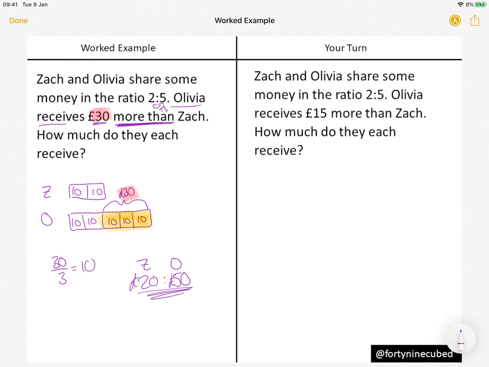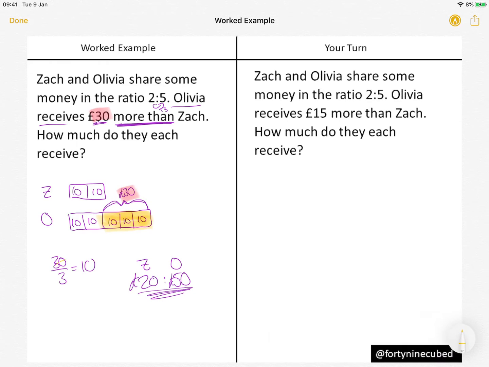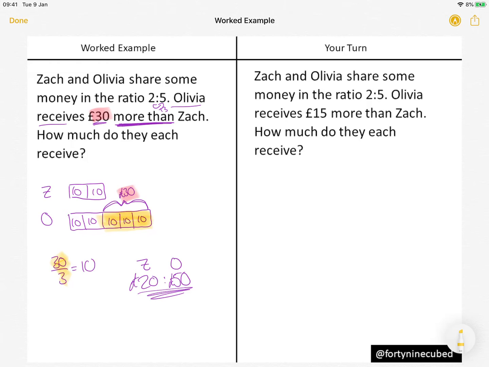And I know that that's worth £30. So once I knew that was worth £30, that tells me that these 3 parts here are worth 30, which is where the calculation 30 divided by 3 came from, because I've got 3 boxes and I need to share 30 between them. So that means that those boxes are worth 10.